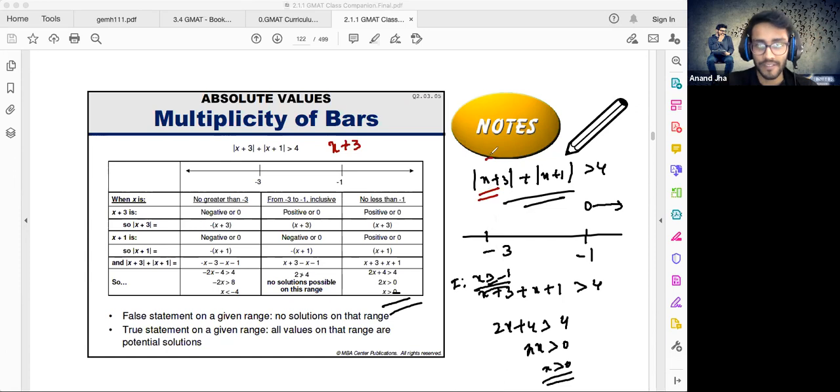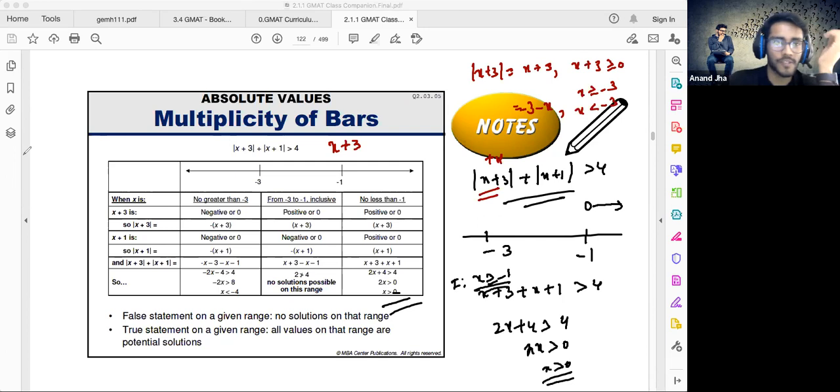Mod of x plus 3 is equal to x plus 3 when x plus 3 is greater than or equal to 0, that is when x is greater than or equal to -3. And it is -x minus 3 when x plus 3 is less than 0, that means when x is less than -3.